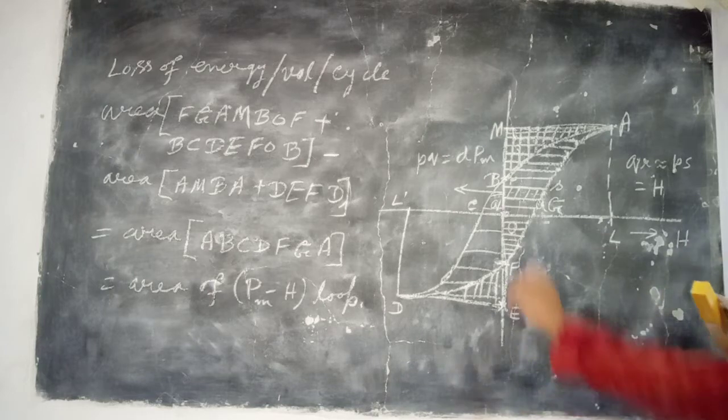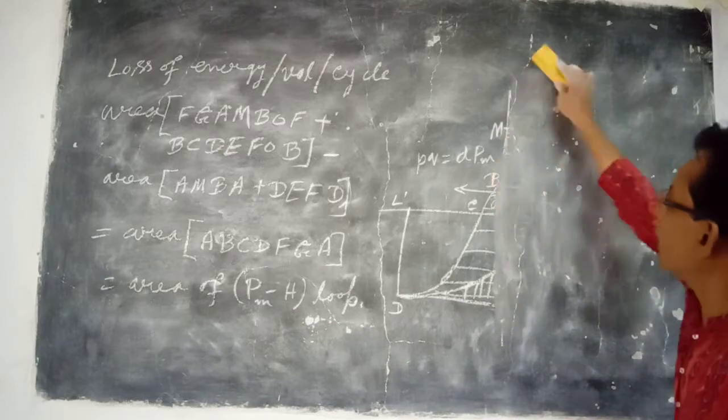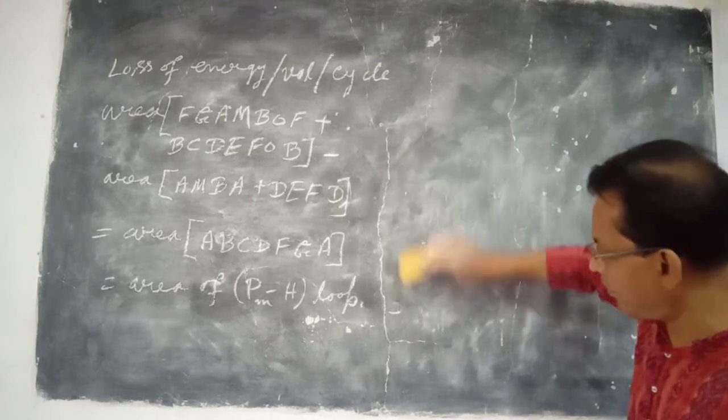Now, instead of PM, if we plot say the BH loop, then what is the relation between the PMH loop and the BH loop?